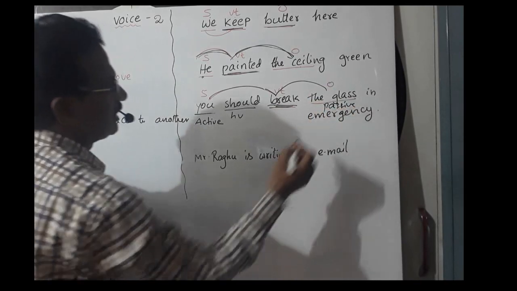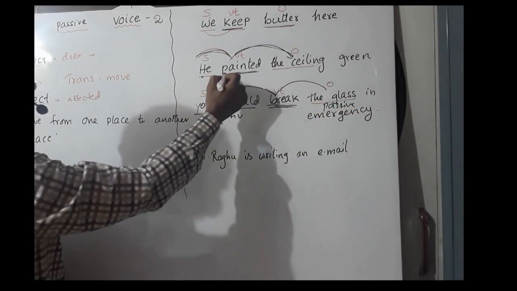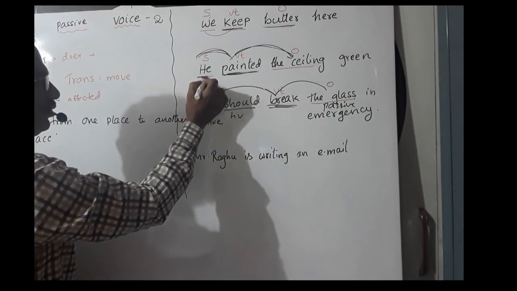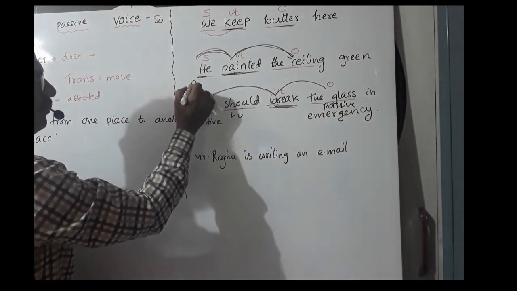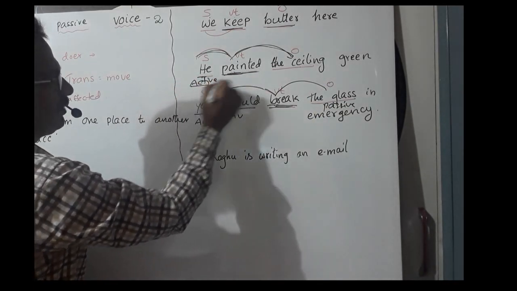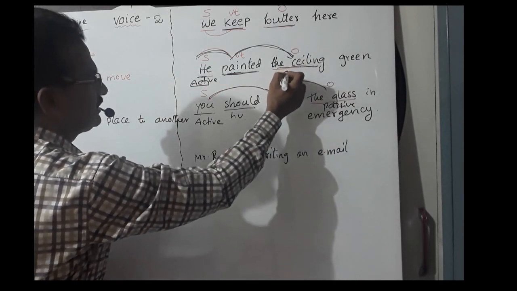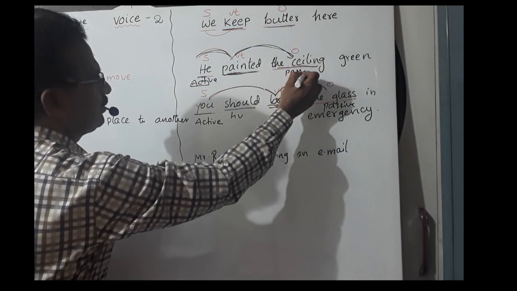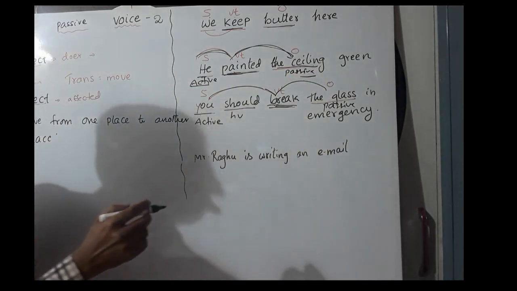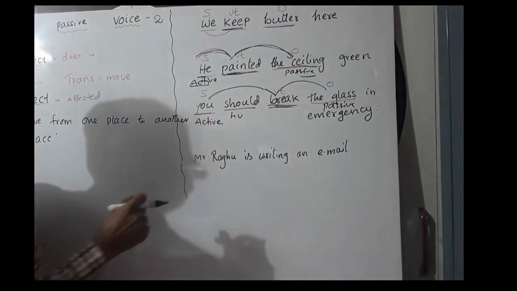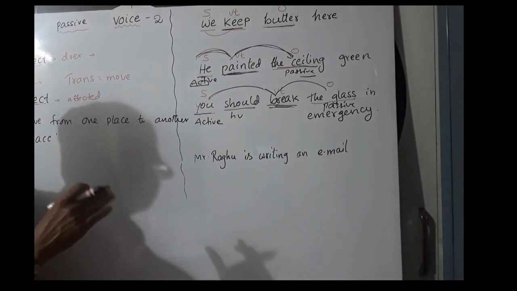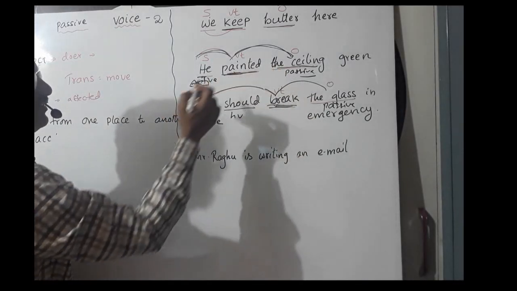Here in painted, the active role is he, and the passive role is the object's. It is an involuntary action and it participates unknowingly.